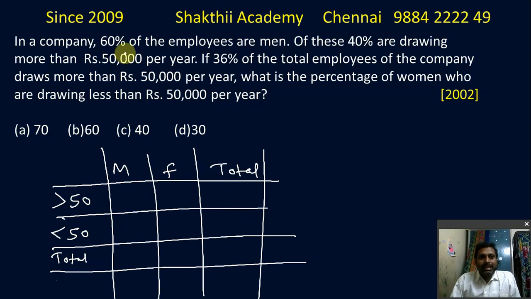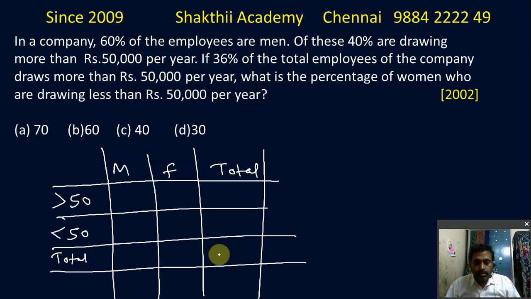See, in a company, 60% of the employees are men. Here they did not mention how many actual people there are. They are talking everything in terms of percentage. So I will simply take everything out of 100, because they are talking in terms of percentage.